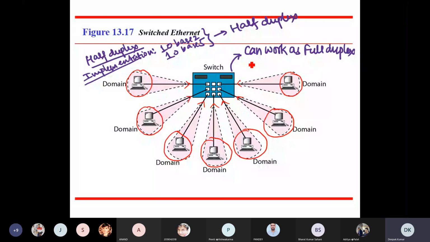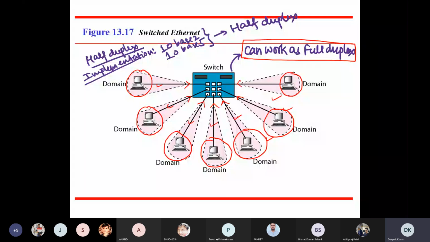So why not, in this domain, each domain is replaced by a single node, and each channel of this network is replaced by twisted pair cable or optical fiber cable, so that simultaneous reception and transmission can be possible, or we can say a full duplex network can be achieved.